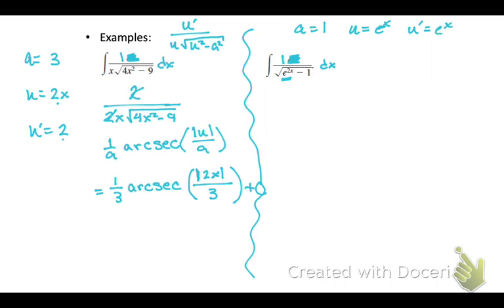The trick, right? So let's fill it in like we did that last one so we can see what happens. So if we use arcsecant, we have du, which is e to the x, over u, which is e to the x, the square root of u squared, so that'd be e to the 2x, minus a squared, which would be 1.